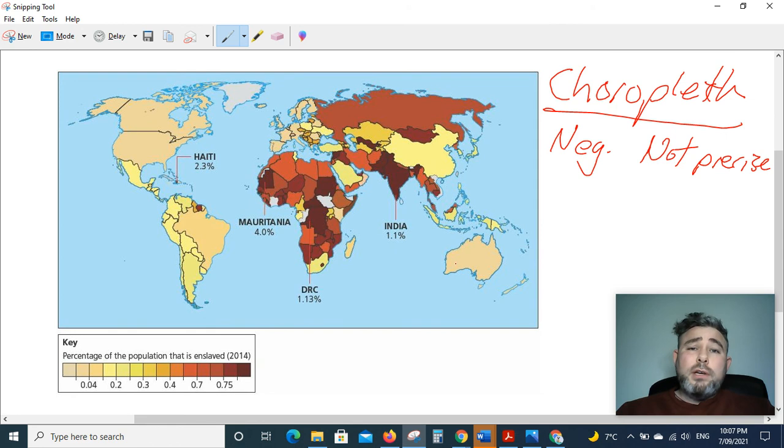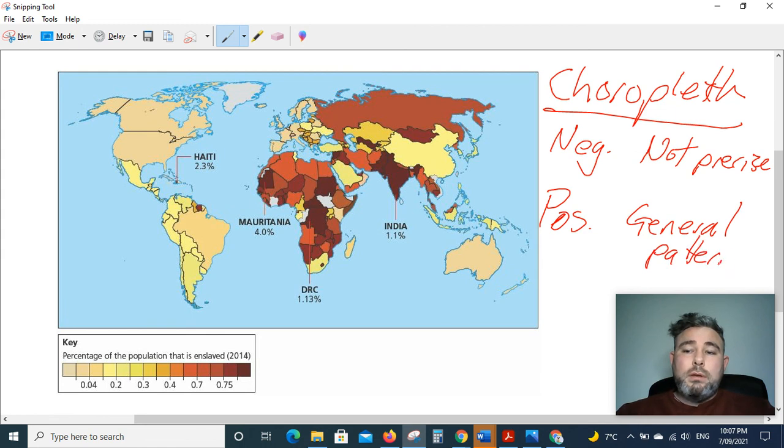One of the positives, though, is that we can look at general patterns. So a major positive for myself is we can see general patterns really clearly. What I mean by that is that I can see in the Americas, both North and South, generally speaking, there is not much enslavement going on according to the data that's being represented here. So that general pattern is fairly evident there.